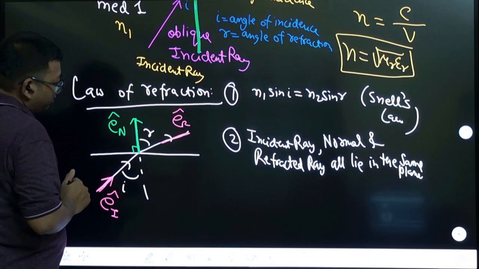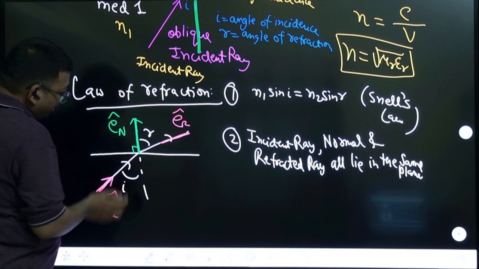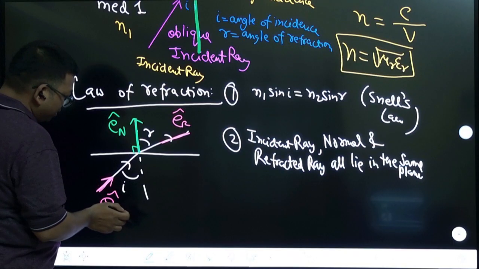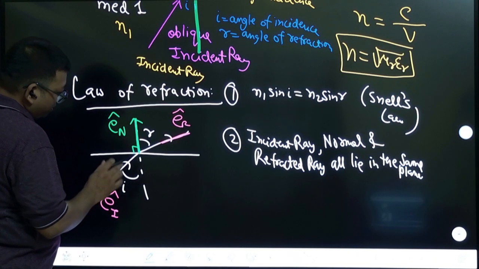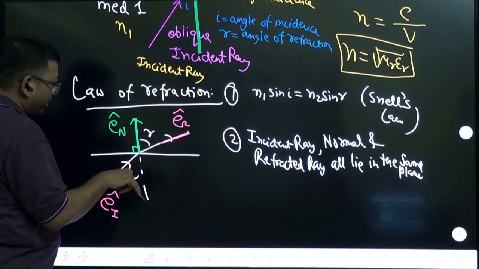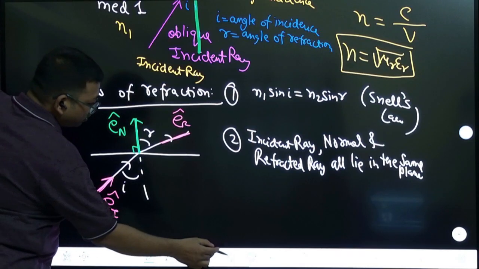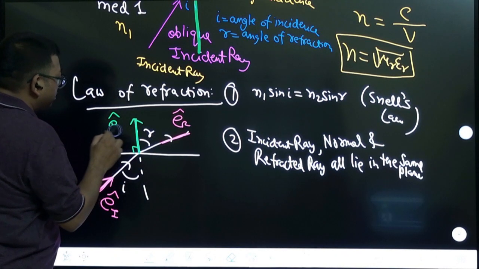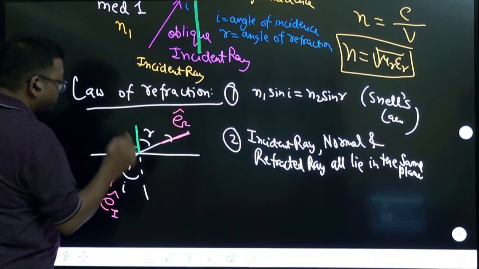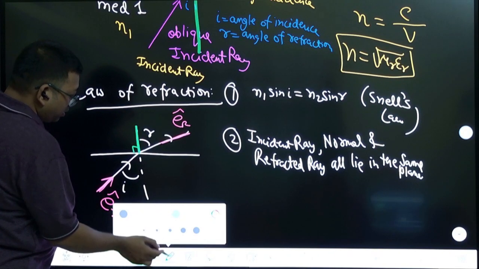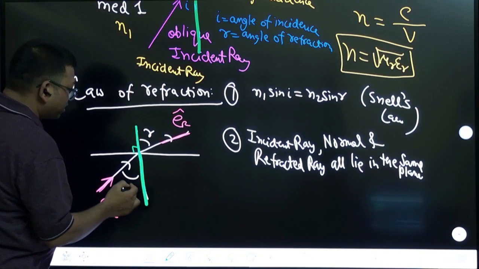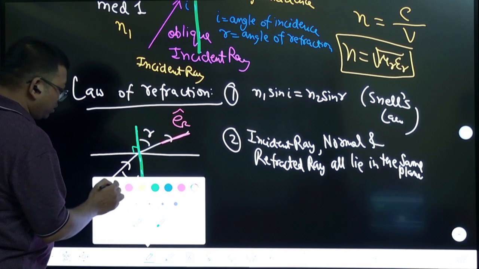So can we take e_n like this? If I take e_n like this, then e_i cross e_n will go that way, and e_r cross it will be better. It will be better to take the opposite direction. Okay, so let us take a normal vector in this direction, in the first medium.